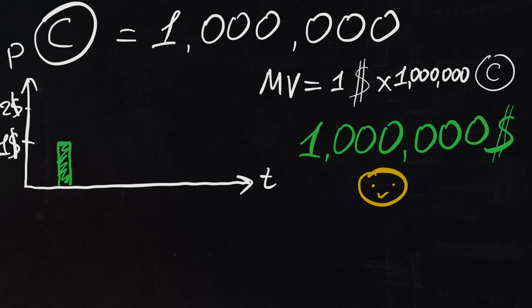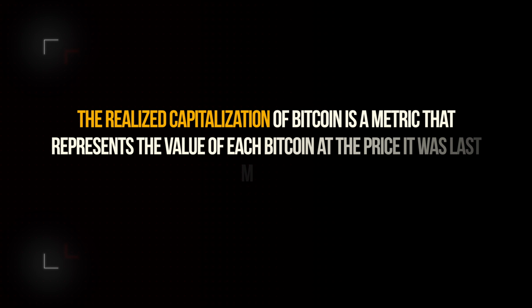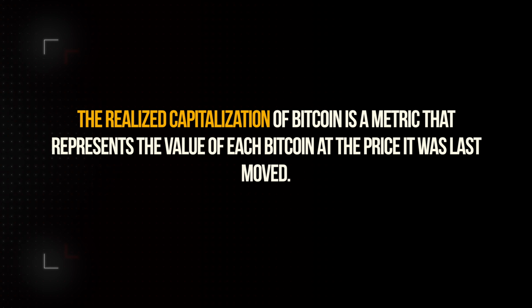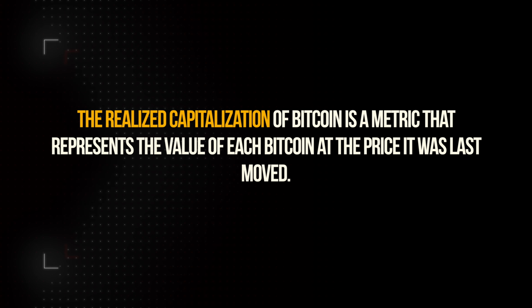In reality, you earned $1, and this, in turn, is the realized value or realized capitalization. So, Bitcoin's realized capitalization is a metric that represents the value of each Bitcoin at the price when it was last moved. It's logical to assume that if a coin was sent somewhere, it most likely changed hands, meaning it was bought.